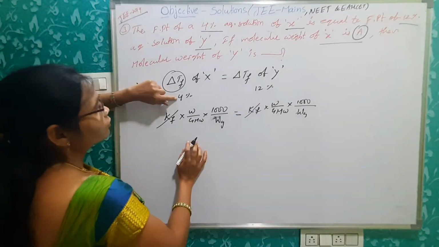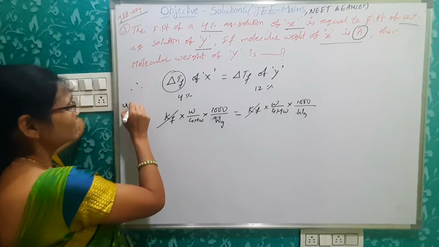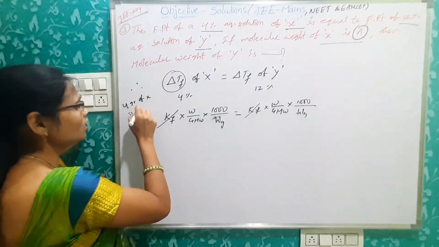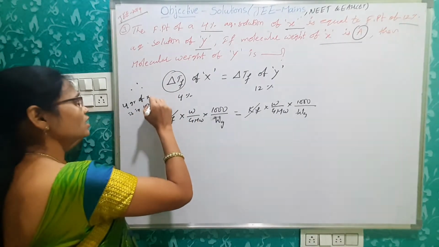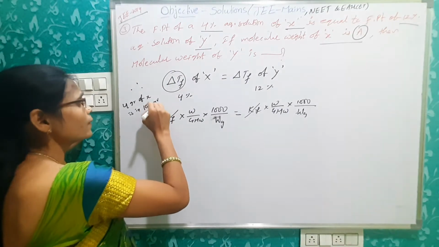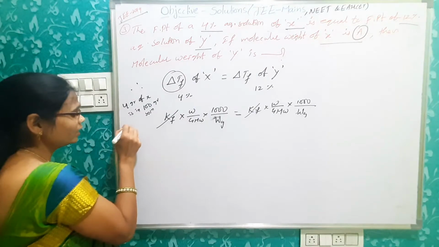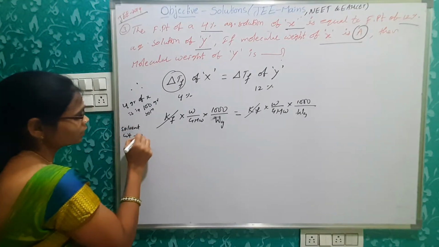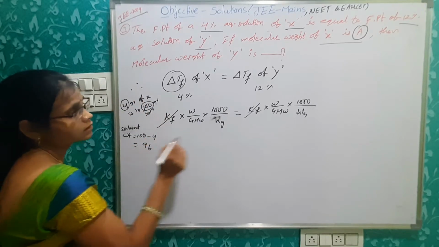Now, 4% of X solution means 4 grams of solute X is dissolved in 100 grams of solution. Then what is the weight of solvent here? Solvent weight, means water weight, is equal to 100 minus 4, 96.